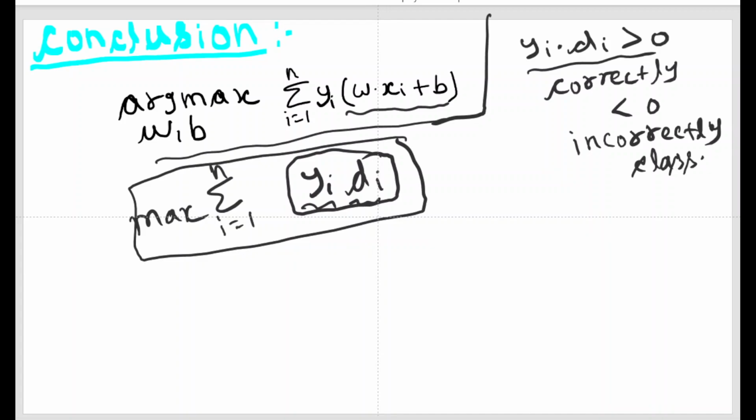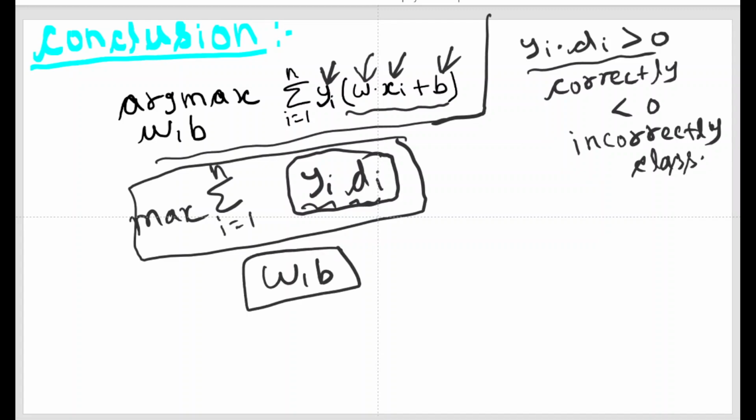Here we know that yi is the given data, xi is the given data. W and B are the variables, something that we are going to learn here, somehow using the given data yi, xi.